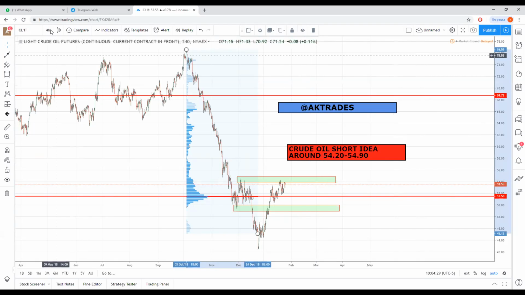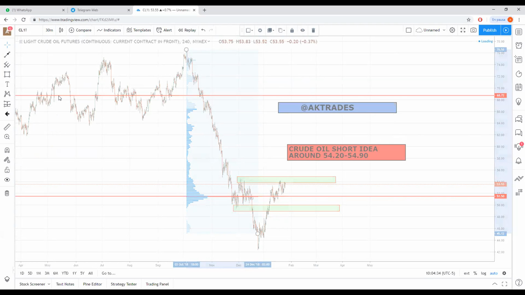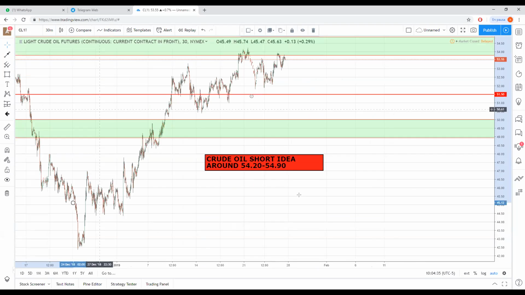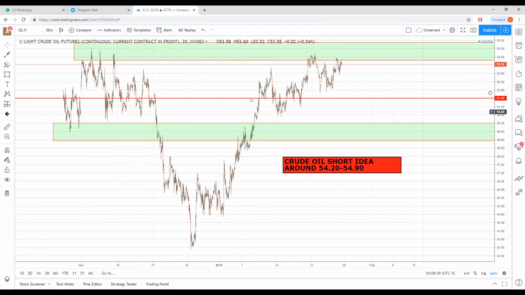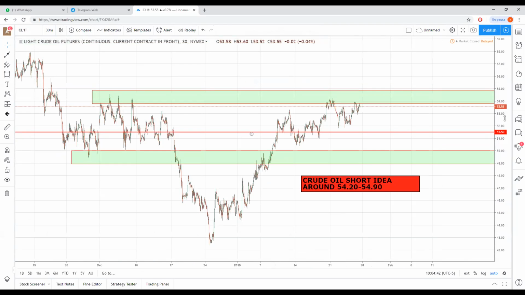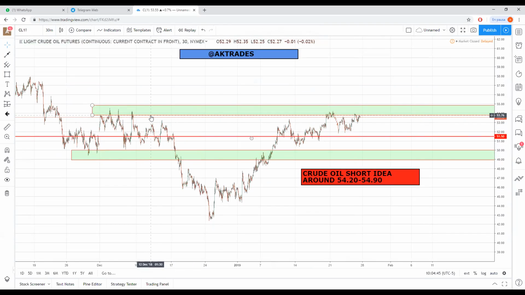We can see if we go down in the 30 minutes chart, we can see better the range that I was talking about, where the sellers accumulated more selling position was this range.